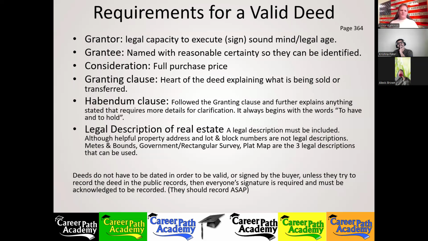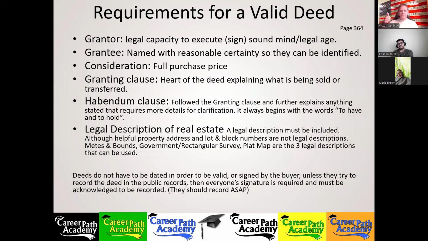Any deed has to have a legal description exactly explaining what is being transferred. What property? What are the three legal descriptions of land that we went over in this chapter? Metes and bounds.